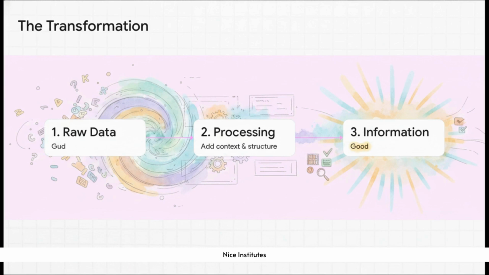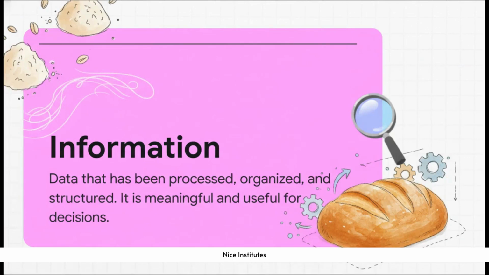Now it has meaning. And that tiny little step, that's the key to this whole thing. And that processed data gets a new name. We call it information. So if data is the raw flour, information is the freshly baked bread. It's been organized, it's been structured, it's been given some context, and now it's not just meaningful, it's actually useful.